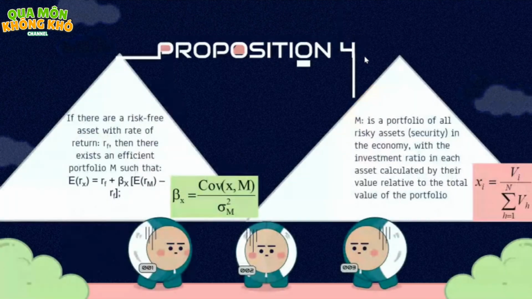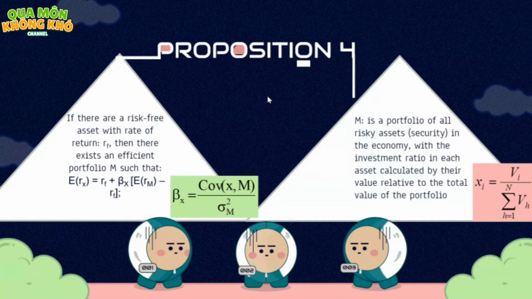Proposition 4 states that if there are risk-free assets with a rate of return Rf, then there exists an efficient portfolio M such that the expected return Rx equals the risk-free rate plus beta x multiplied by the expected return of M minus the risk-free rate.